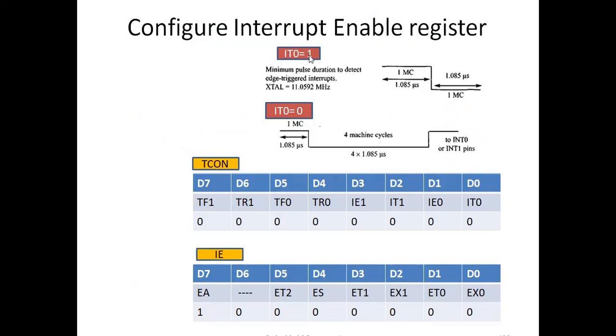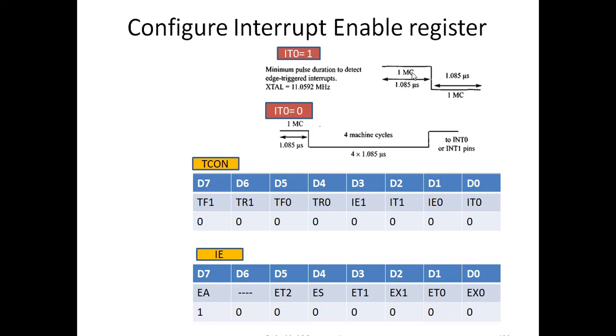IT0 equal to 1 when the edge trigger appears in pin number P3.2. For example, how does pin P3.2 recognize edge triggering?